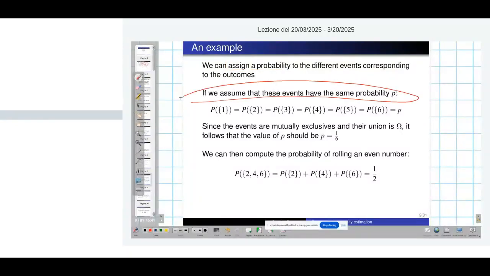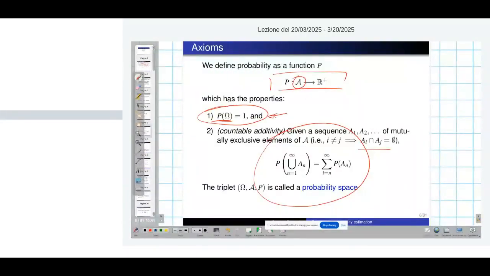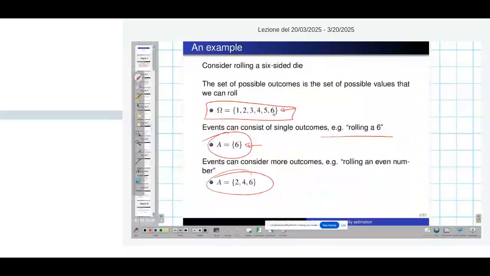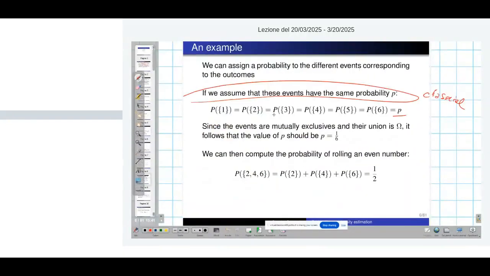For example, if we assume that the events of the tossing die should have the same probability, that's the classical interpretation, then this probability should be 1 out of 6, from the axiom that the total probability should sum up to 1, and the other axiom that says that if I merge all these, the total probability is the sum of these 6 probabilities.